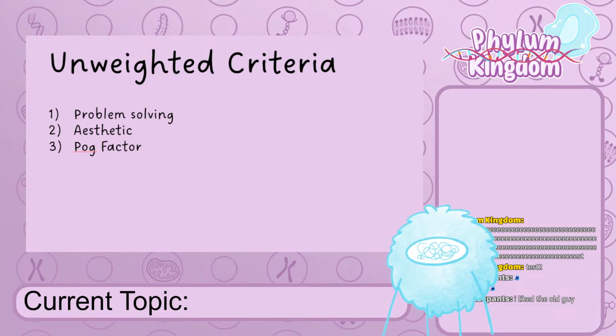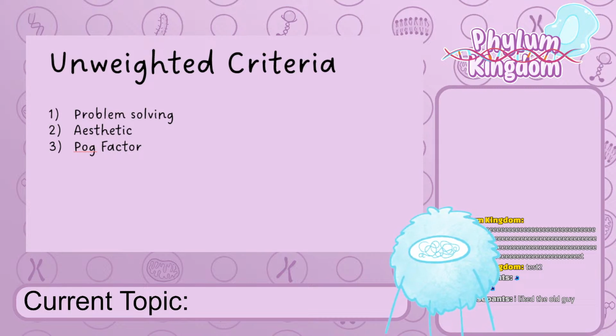All right, so the way that I am going to be ranking these organelles is with these three criteria. They are weighted in no particular order, but if an organelle happens to be really good at solving a problem that the cell has, I will rank it highly. Number 2 is aesthetic. It's whether or not I happen to enjoy the look of a certain organelle.